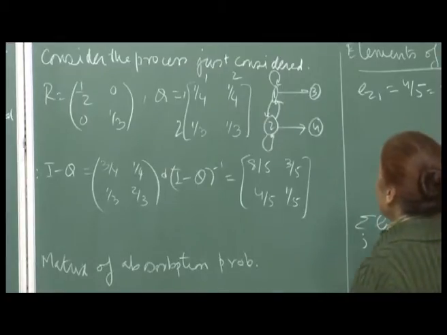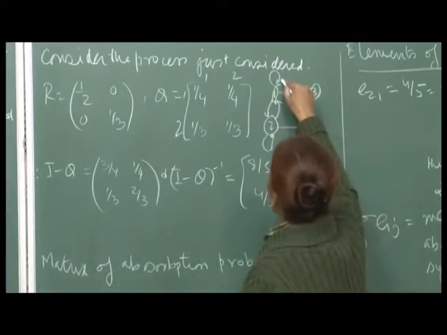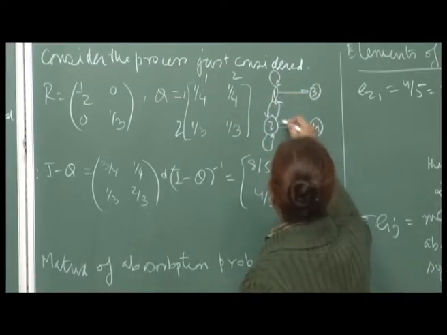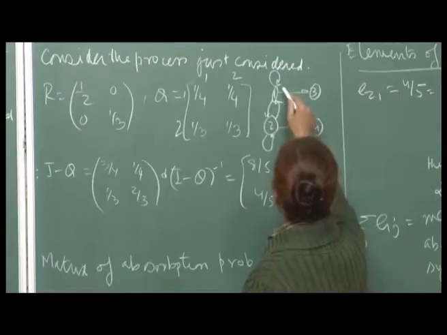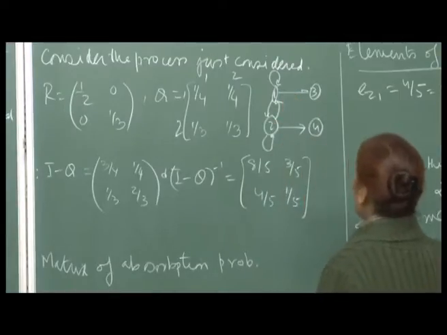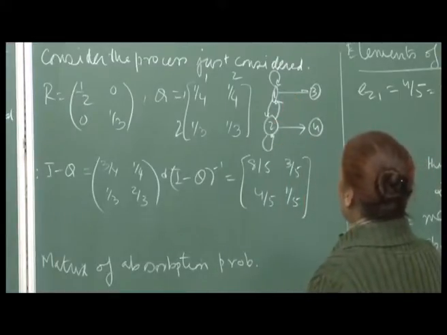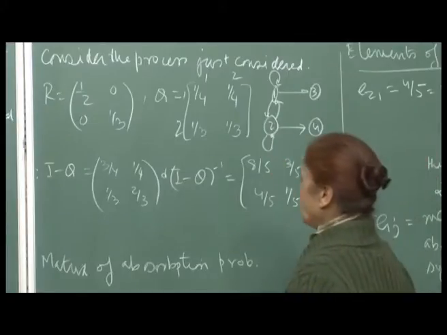And so, in this case this loop had probability 1/4, and then you could go from 1 to 2 also with probability 1/4, and from 2 you could go to itself with 1/3, and then you could go from 2 to 1 with probability 1/3, right. Okay. So, you can just verify these numbers.